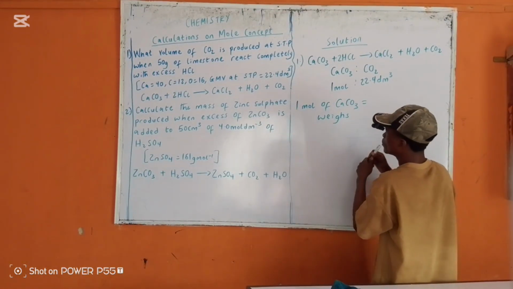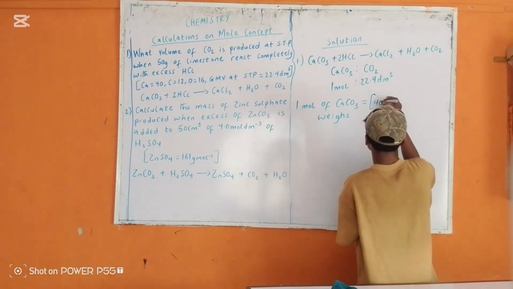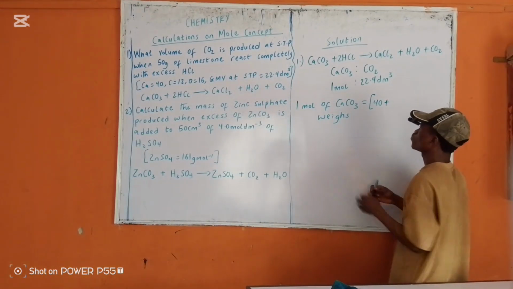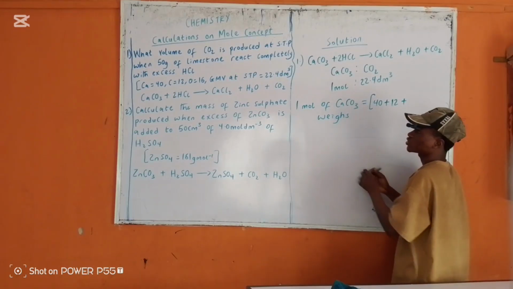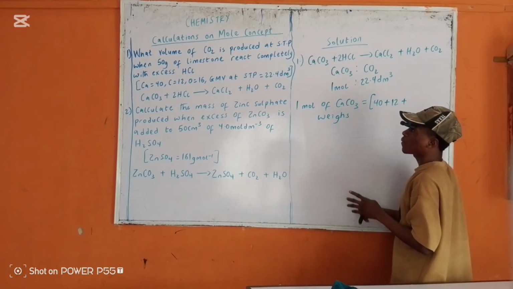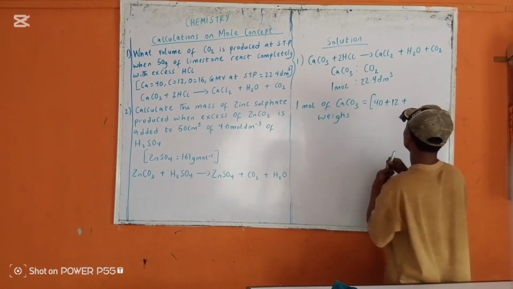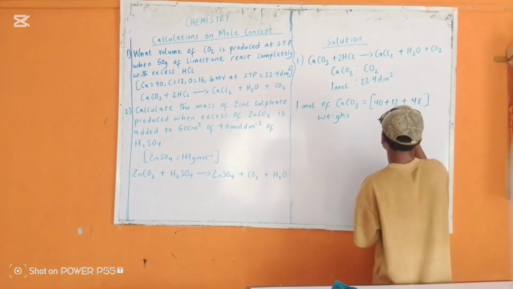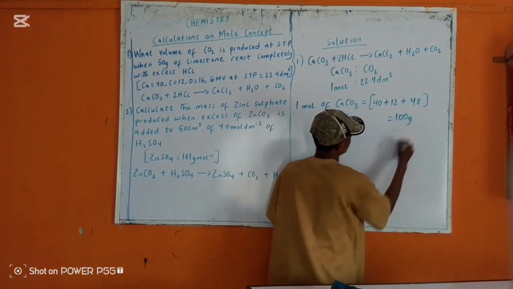So calcium carbonate now, calcium is what? 40, plus carbon, which is 12. What about oxygen? Oxygen is 16. But how many oxygen do we have? We have 3 oxygen, so that will be 16 times 3, which gives us 48. And total will give us 100 gram.